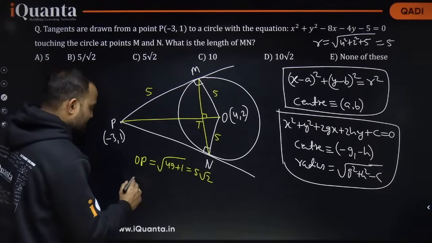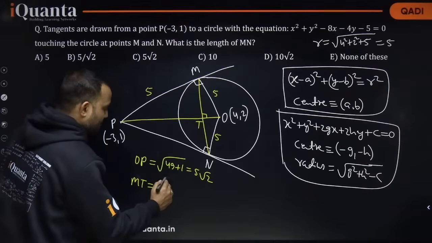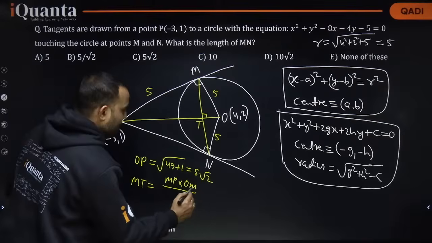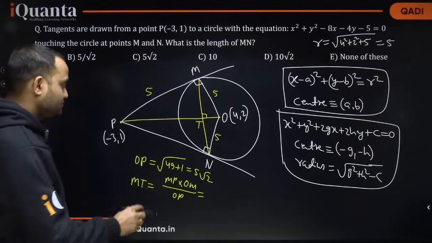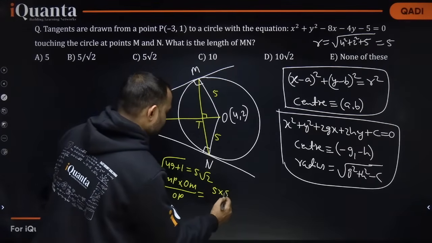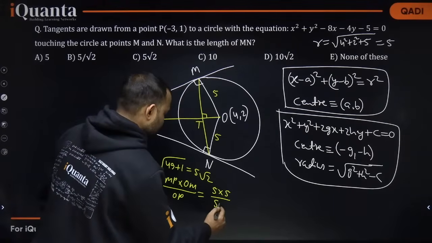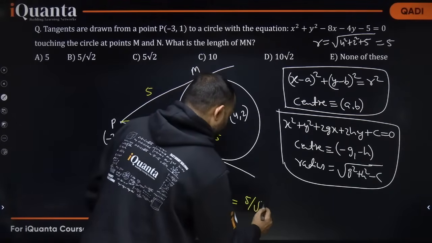And then what is MT? MT will be equal to MP into OM divided by OP. This is what we have learned, right angle triangle. So MP 5 into 5 divided by 5 root 2. So this gives us 5 upon root 2.